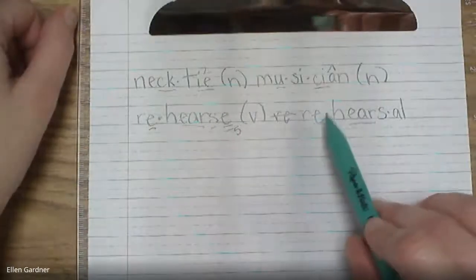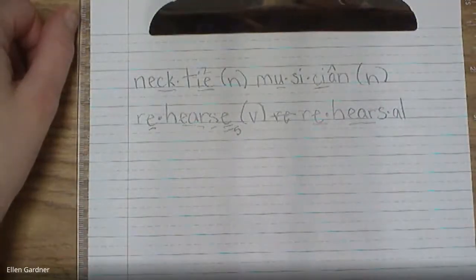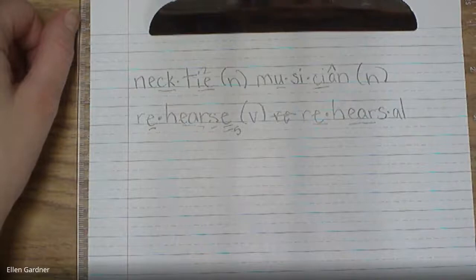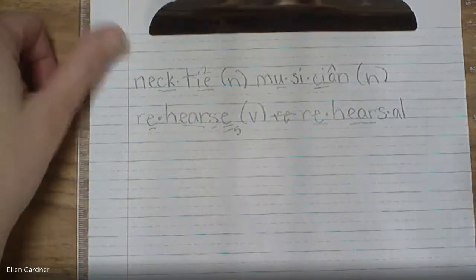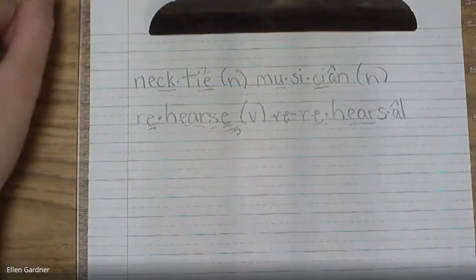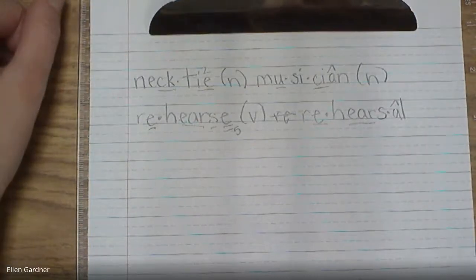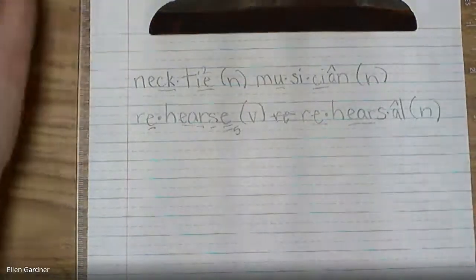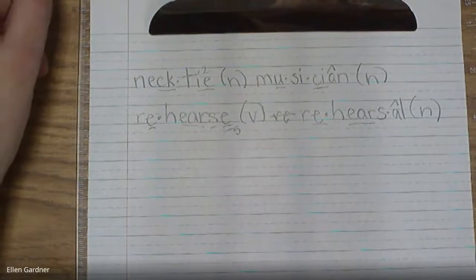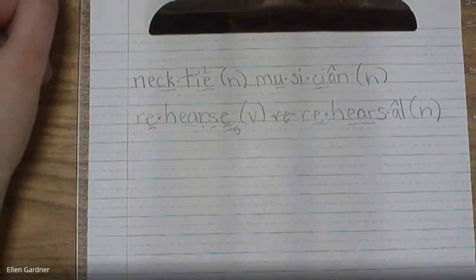And remember we say rehearsal. So how do we mark the last syllable? Thinking cap the A. Perfect. Great job, Harika. A rehearsal is a noun. And that is all of our new spelling for today.